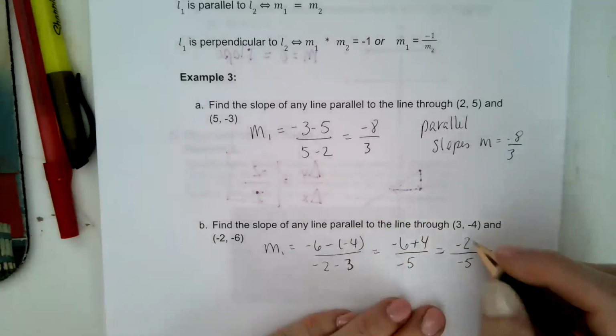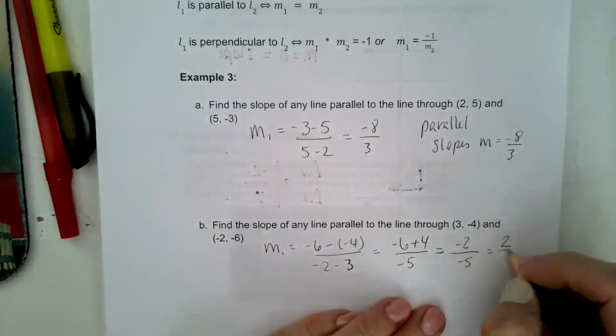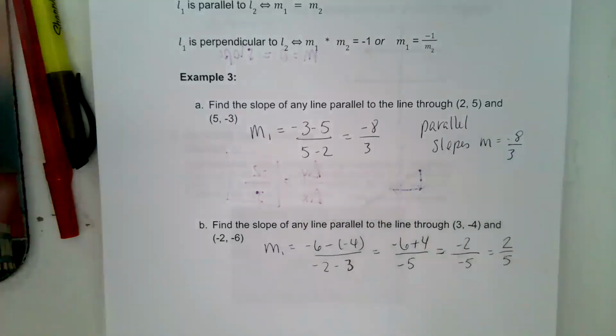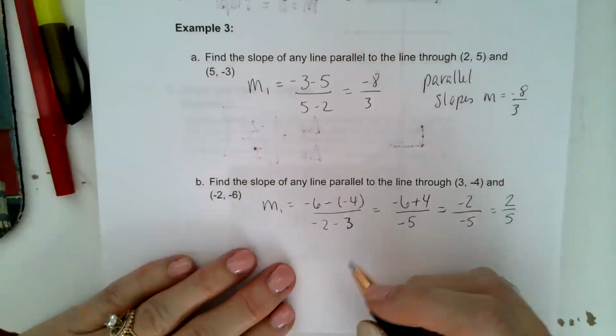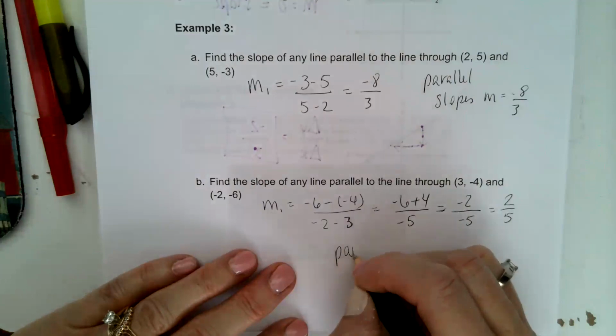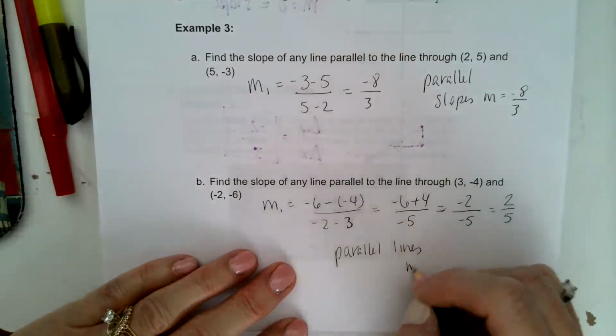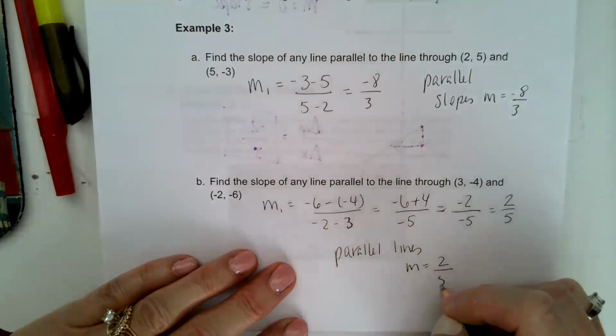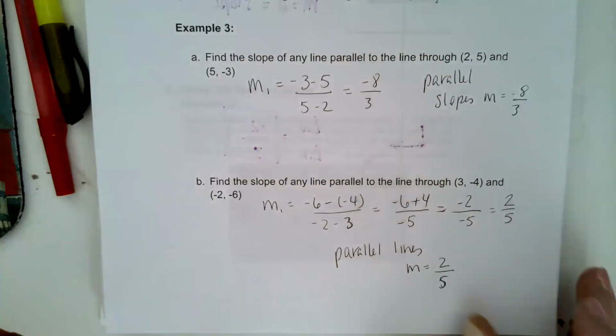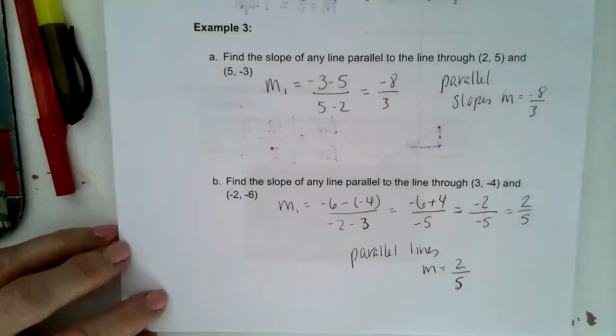So that results in -2 over -5, which is +2/5. So parallel slopes, parallel lines will have the slope of 2 over 5, because they have the same slope.